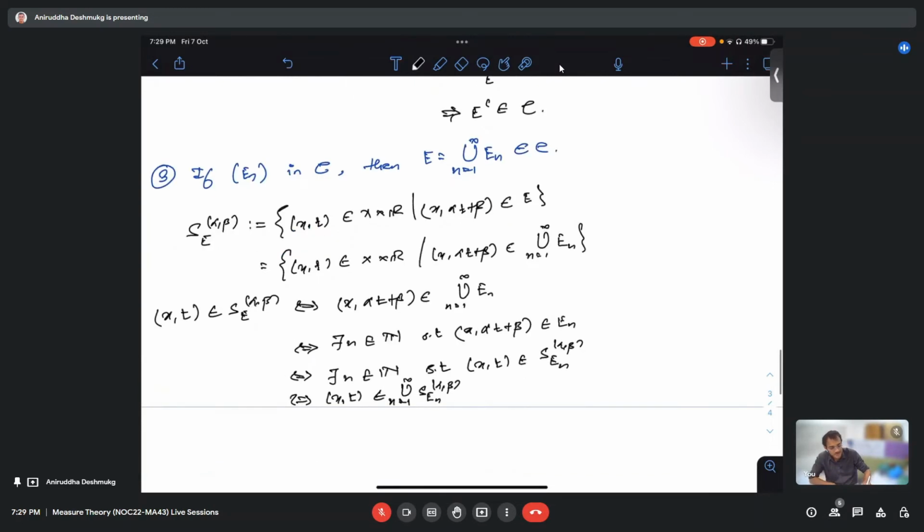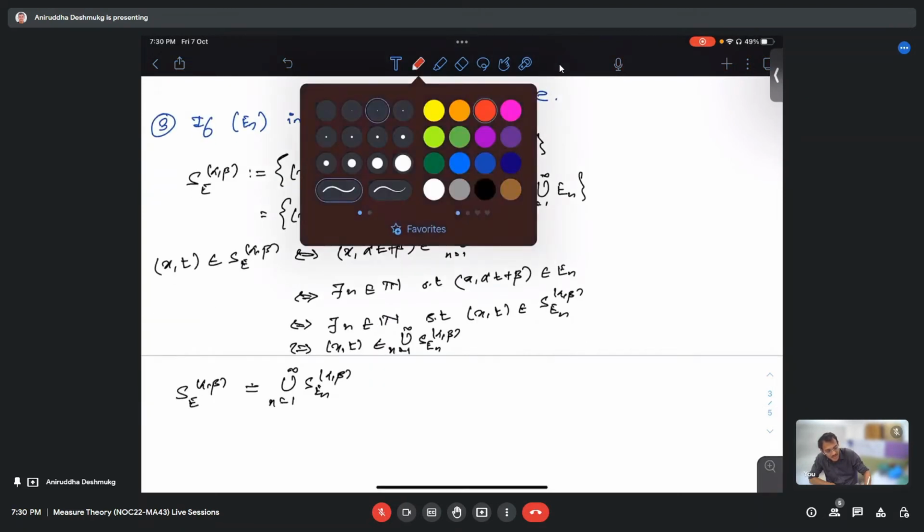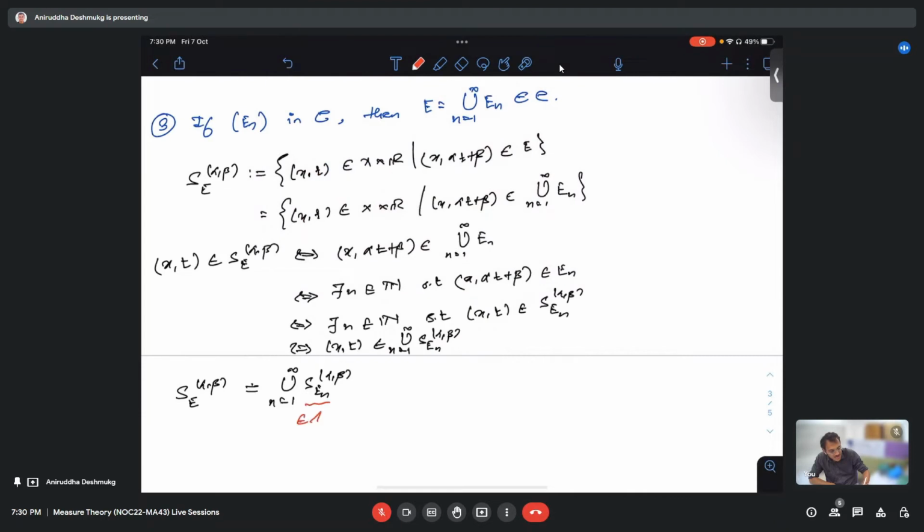So all in all, what we prove is S of E alpha beta is equal to the union of S of En alpha beta. And by assumption, all of these are inside A cross B. So this whole union is inside A cross B, and therefore C is a sigma algebra.